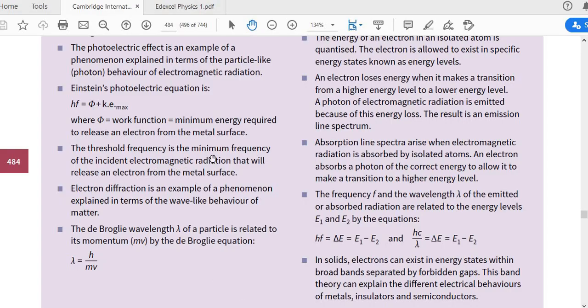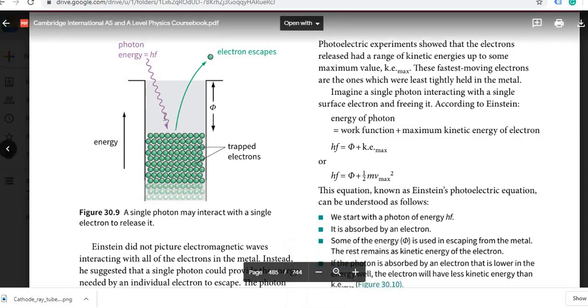The threshold frequency is the minimum frequency of the incident electromagnetic radiation. The incident means it's coming at the metal surface. You have learned about incident ray and reflected ray when you learned about light waves. So this is the incident ray, it's coming at the surface, it's the incoming ray.